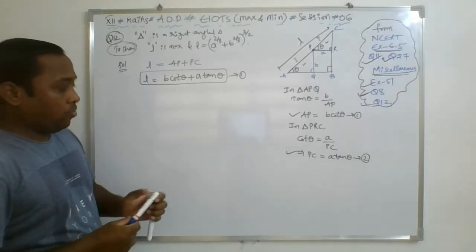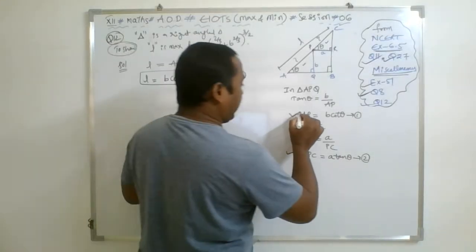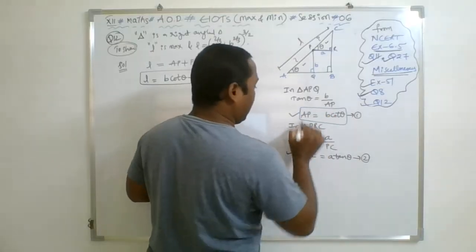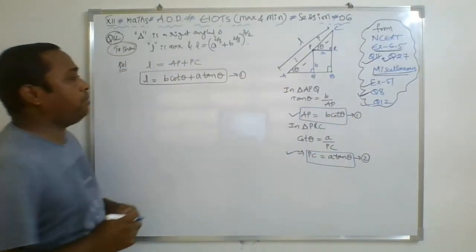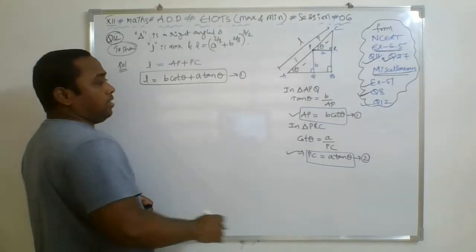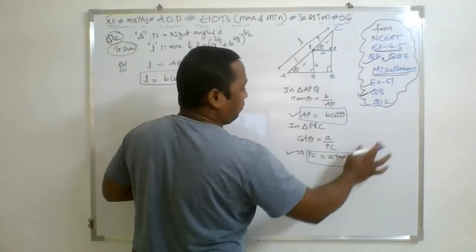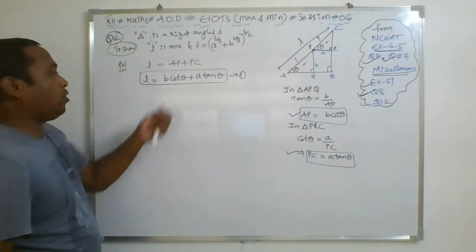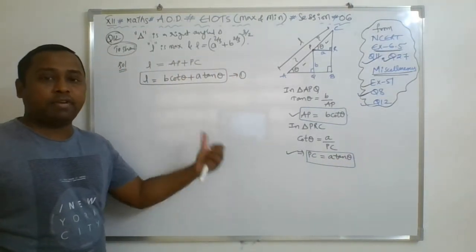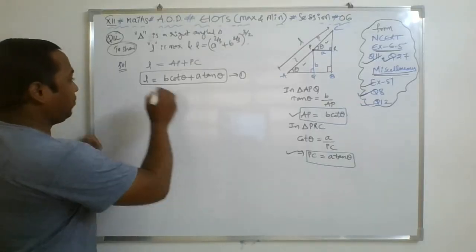Just keep these points in mind: AP is this, PC is this, and with their help I am able to find the length function. Now I go with the derivative, double derivative, and equal to 0 and all.